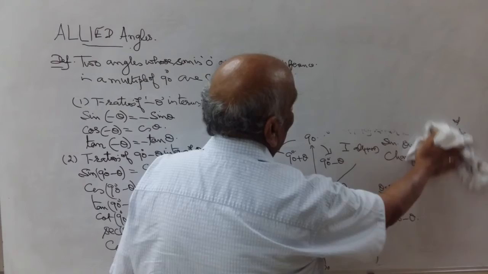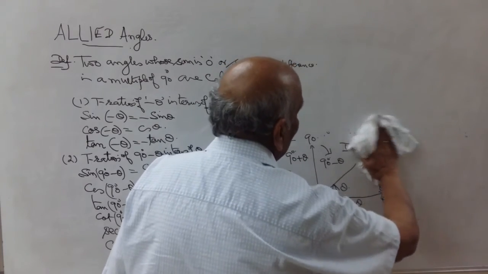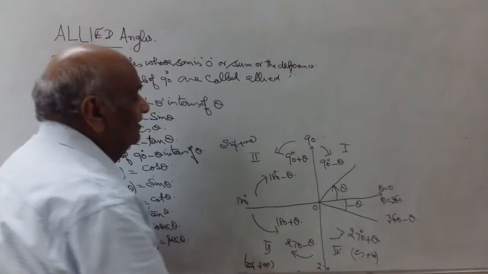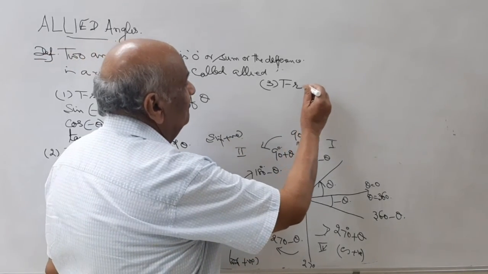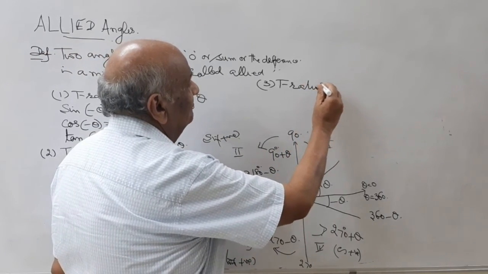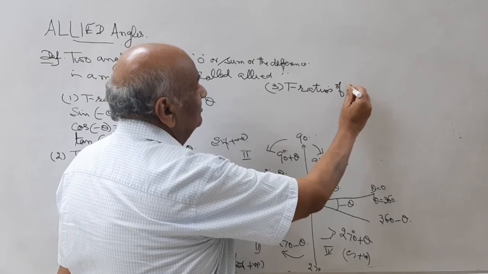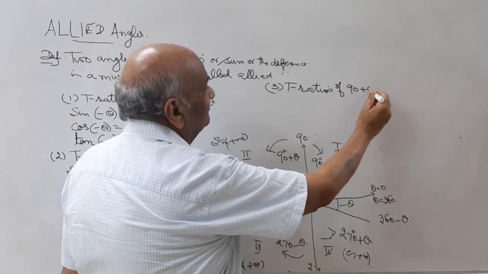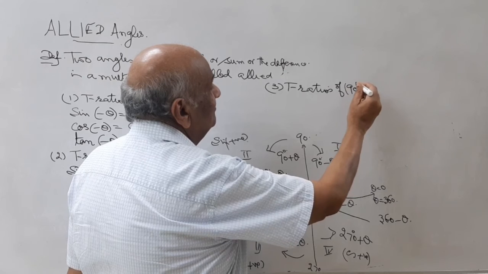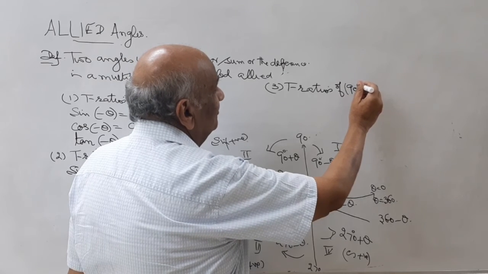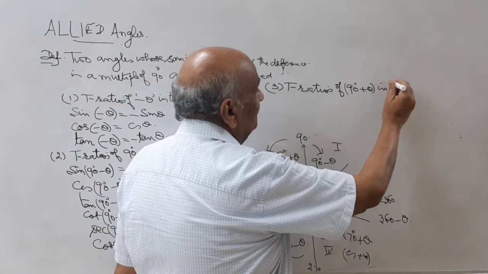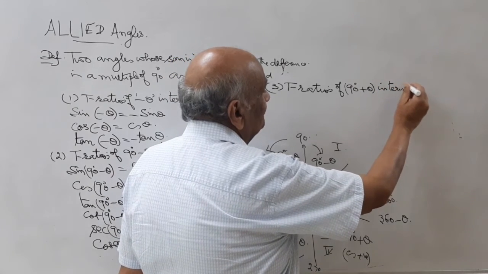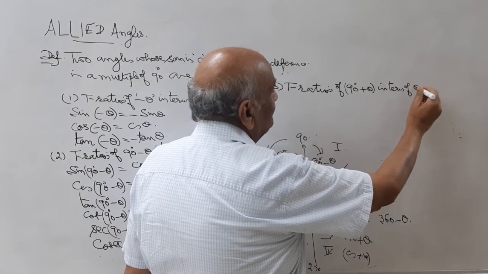See please. Now we can add in the same way 90 plus theta. Write, third case is t ratios of 90 plus theta. Again an odd multiple of 90. T ratio of 90 plus theta in terms of theta.